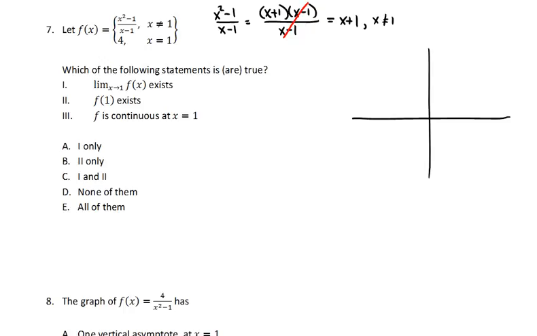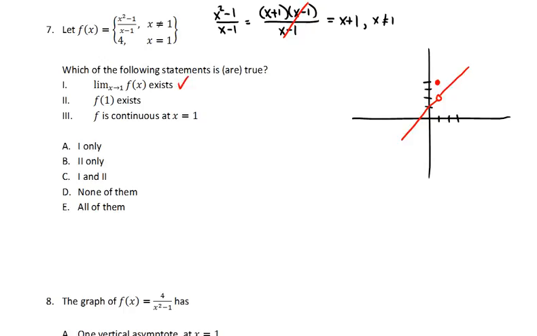That is exactly like the graph of y equals x plus 1, which is just a straight line, except it has a hole at x equals 1, y equals 2. Instead, at x equals 1, the value of the function is 4. So when we graph it like that, we can see that the limit as x approaches 1 of f of x definitely exists. The limit is 2.